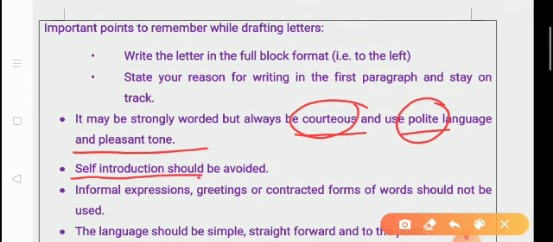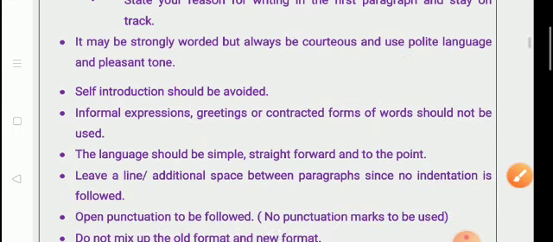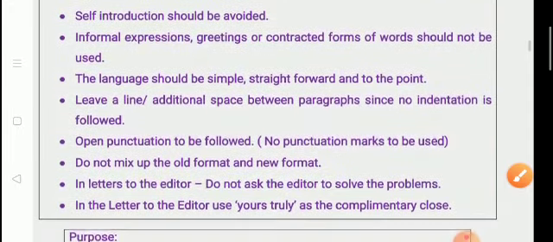You should not introduce yourself too much; it should be avoided. Avoid using informal expressions, greetings or contracted forms of words. The language should be simple, straightforward and to the point.